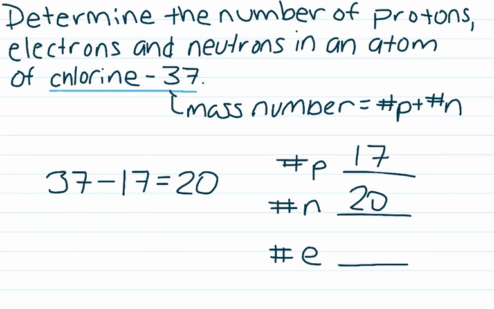When we want to find the number of electrons, the key word here is an atom. If it's an atom, as opposed to an ion, it means it's electrically neutral. If it's electrically neutral, it means everything that is positively charged will be canceled by something that's negatively charged. If you remember, protons have a positive charge.